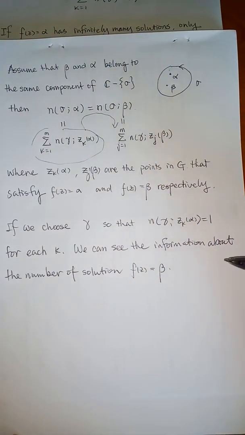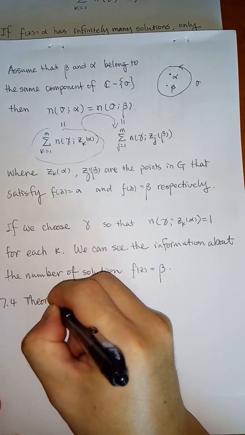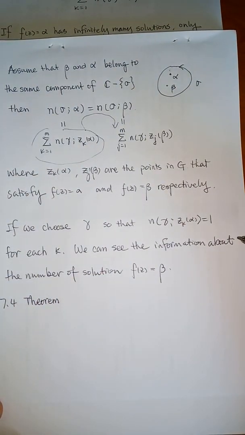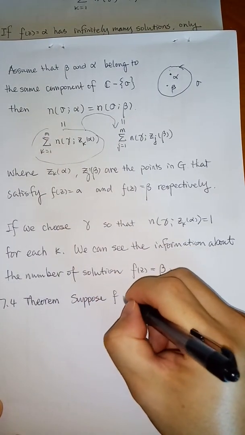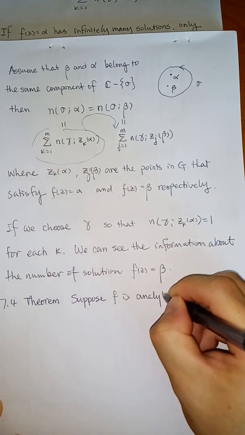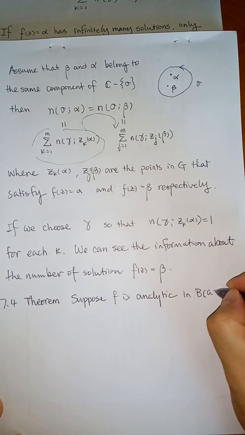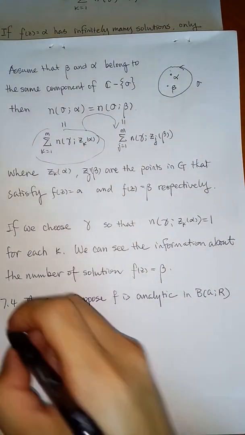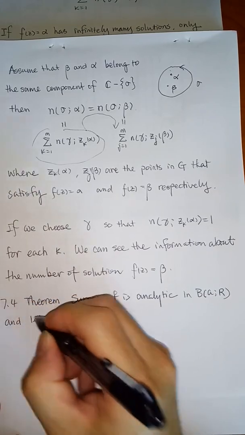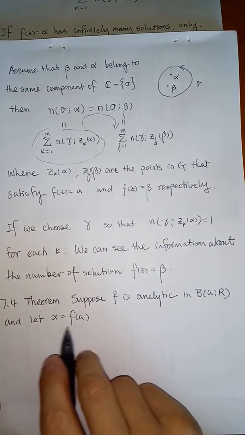Okay, so to summarize, the theorem is the following. Suppose f is analytic in the open disk centered at a with radius R, and let alpha be f(a).